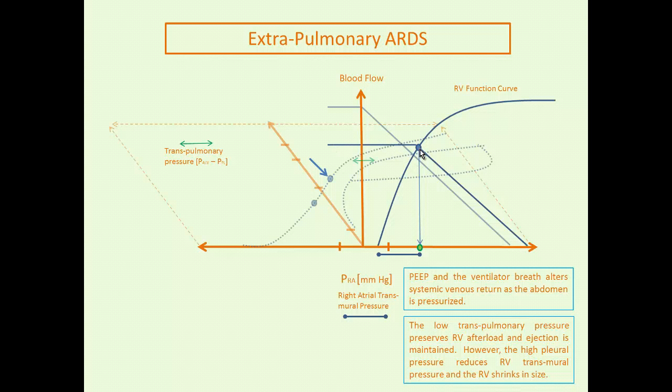But you can see that this is just an example of how you can have a clinical state where CVP is higher or high, but you can still be on the ascending portion of your cardiac function curve. And this is just the application of a breath on top of the PEEP.